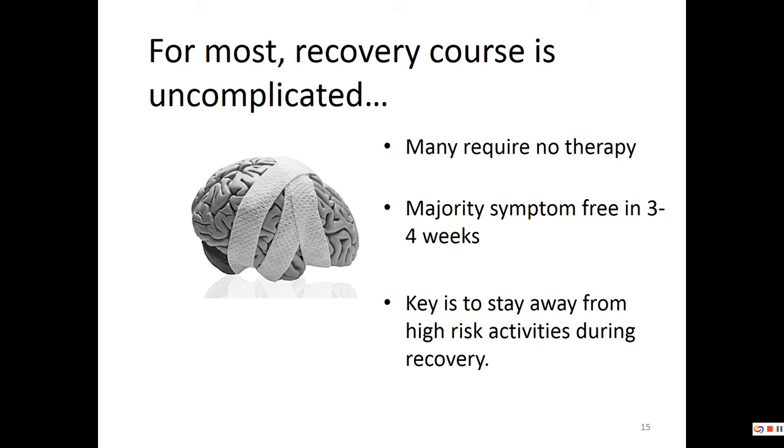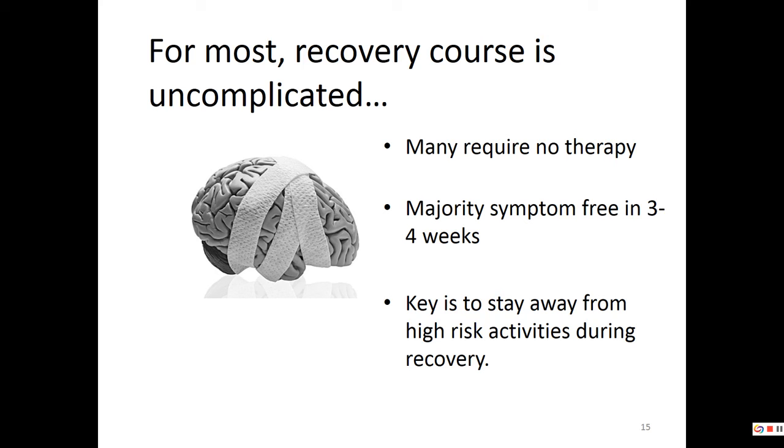That's not something we're really focusing on today, but that risk of repetitive head injury and repetitive concussion, because most concussions that are second, so you've had one, the second one usually occurs within 10 days of the first, because people are not protecting themselves, or again, not staying away from those high-risk activities.